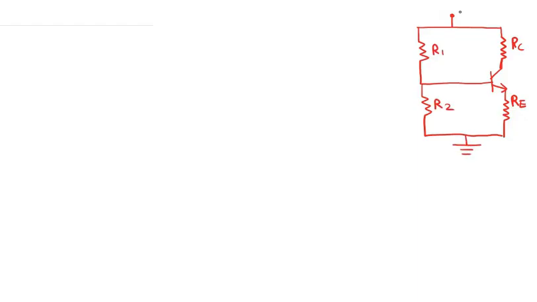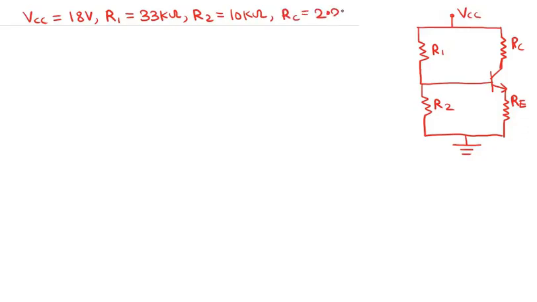And you are given the information that VCC is equal to 18 volts, R1 is equal to 33 kilo ohms, R2 is equal to 10 kilo ohms, RC is equal to 2.2 kilo ohms, and RE is equal to 1 kilo ohm, and beta is equal to 50.